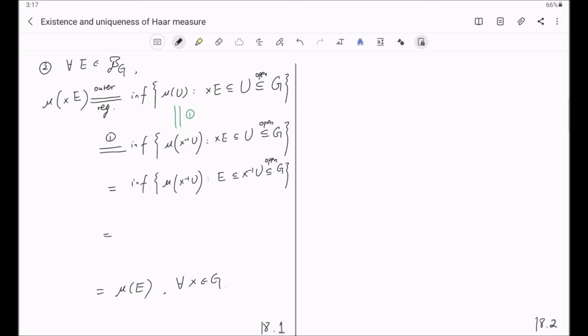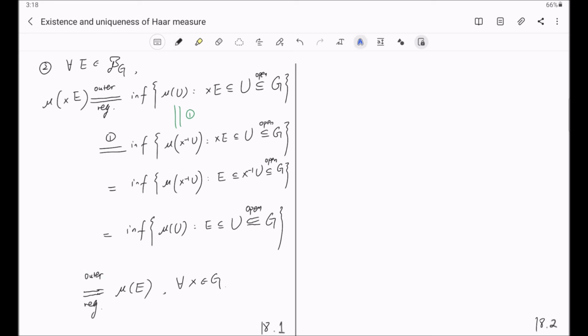And this will be simply equal to the infimum of all possible mu of U's, where the U contains E, being an open subset of the topological group G. And using the outer regularity again, we get mu of E. So this again is outer regularity.